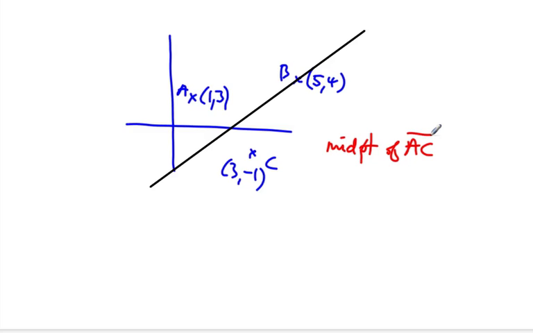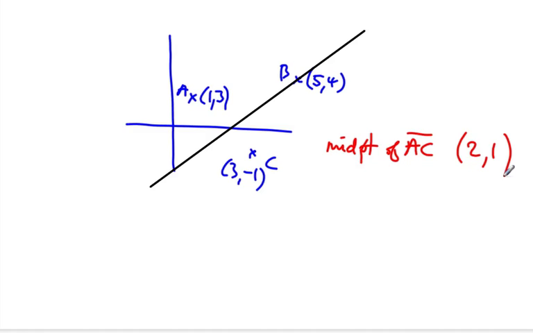Average of the x's, 1 and 3, is 2. That's not hard. Average of the y's, 3 and -1 is 2, and 2 halved is 1. So the point (2, 1) is the midpoint. It's the average of the x's, average of the y's. Working out a midpoint is pretty easy.